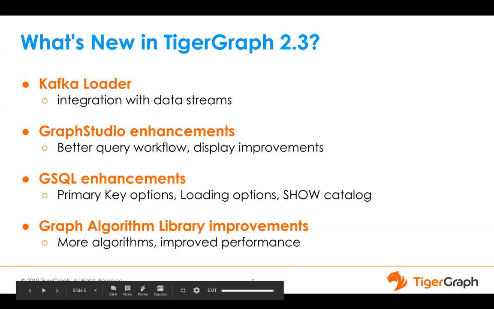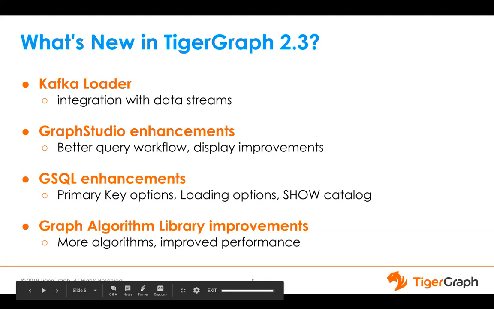So we have some improvements to the query workflow and the way that information is displayed in GraphStudio. For GSQL, we are making improvements to both flexibility of the schema with primary key options and more options for how you load data, and some convenience features for examining what is already in your schema, what's in your catalog of queries and loading jobs.